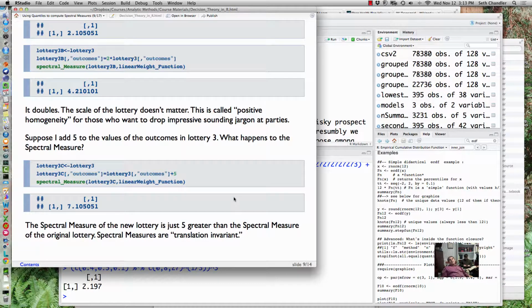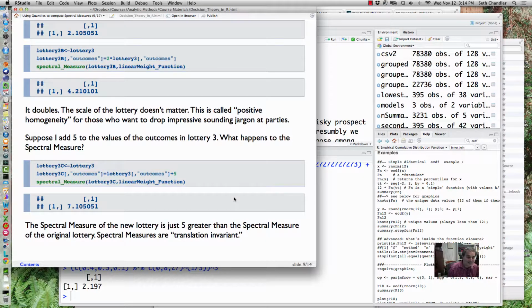And that is definitely not true of certainty equivalent wealth measures, but it is true of spectral measures, and to me that reflects reality. That is, if I'm evaluating a risk and you tell me I'm going to get $5 more in every single instance, I would say, well, now the lottery is worth $5 more to me.